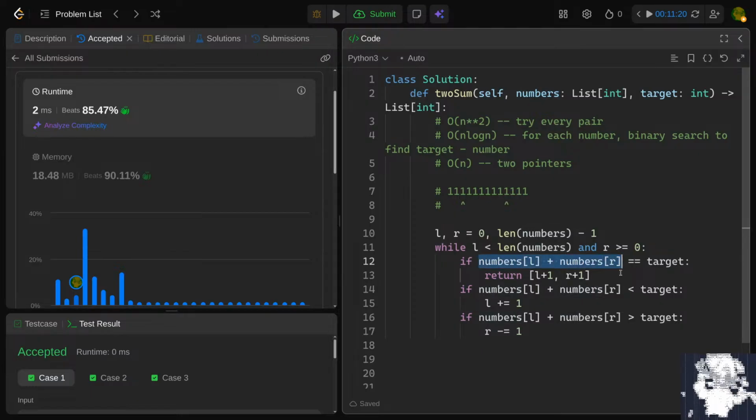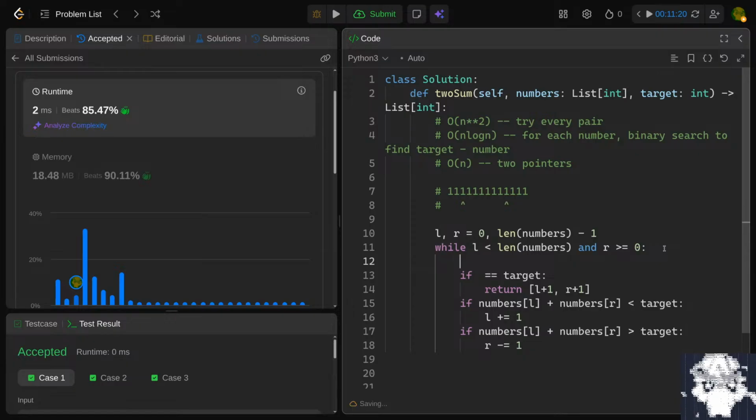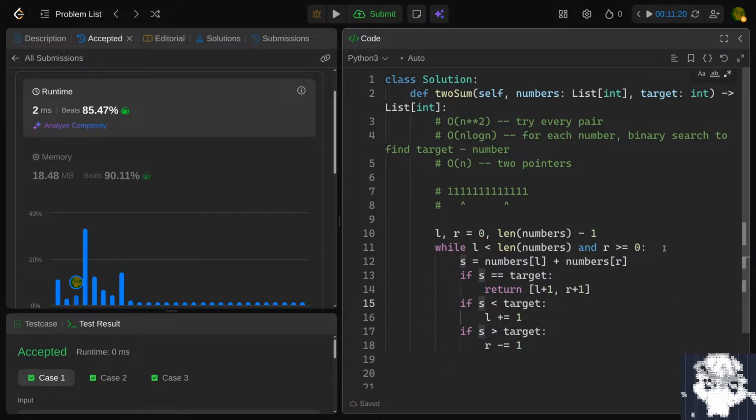How can I do very marginally better? I don't want to call it sum, I'll just call it S. I can not repeat this sum.